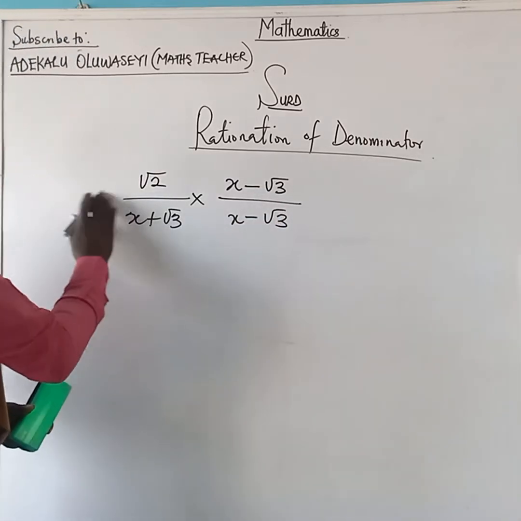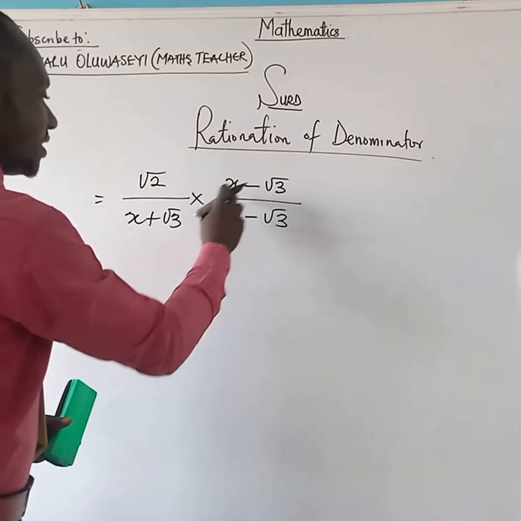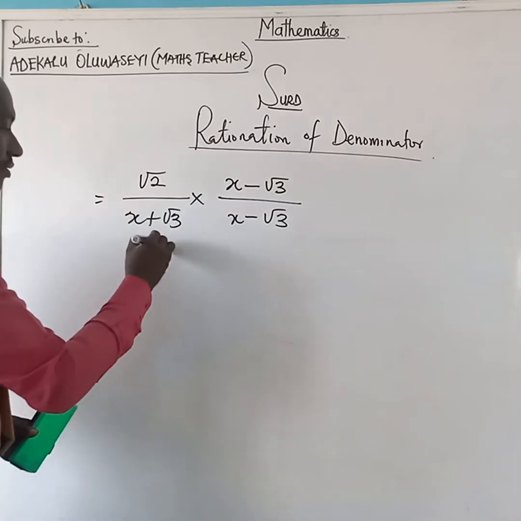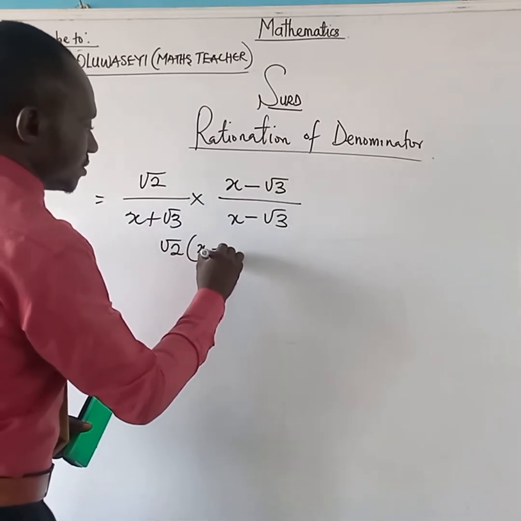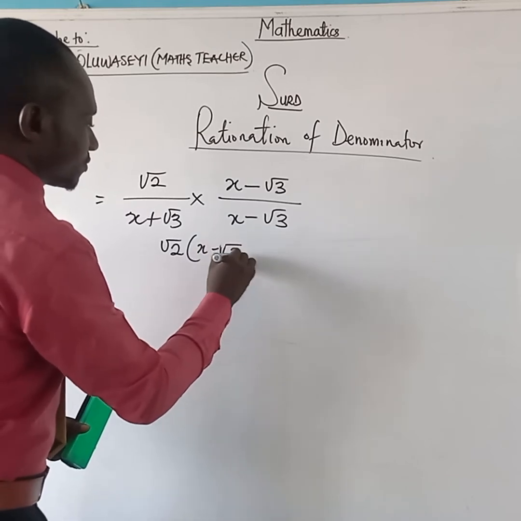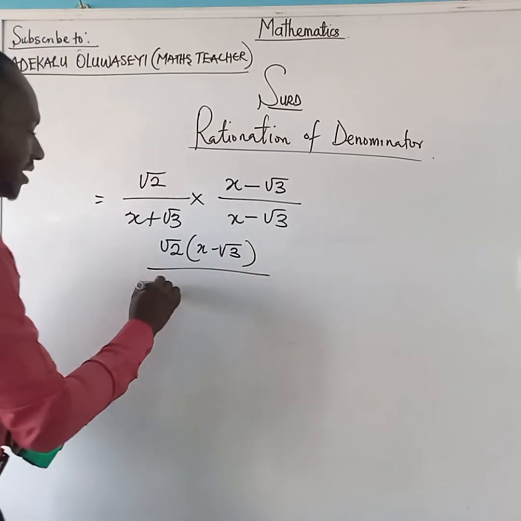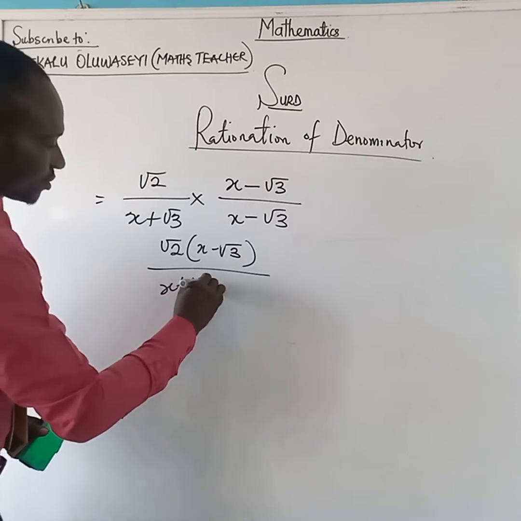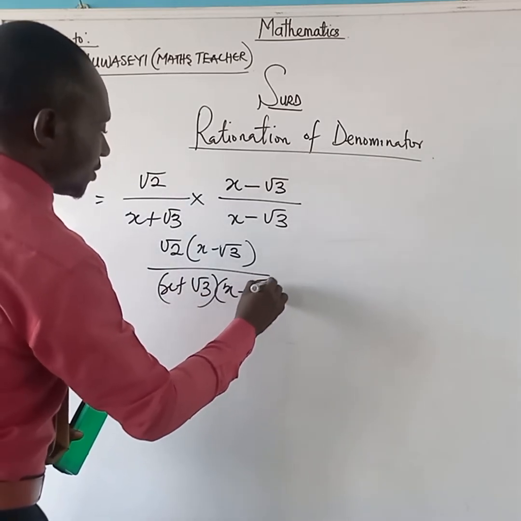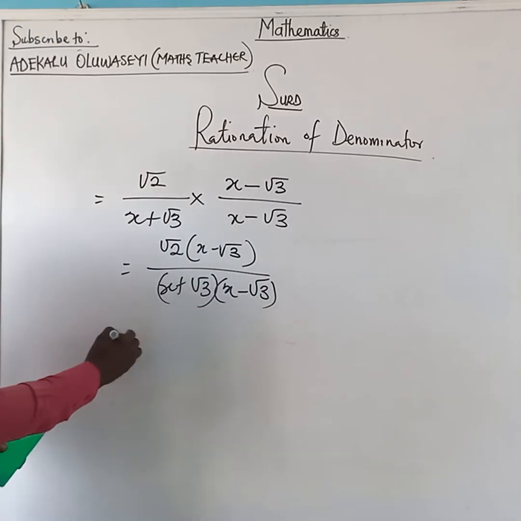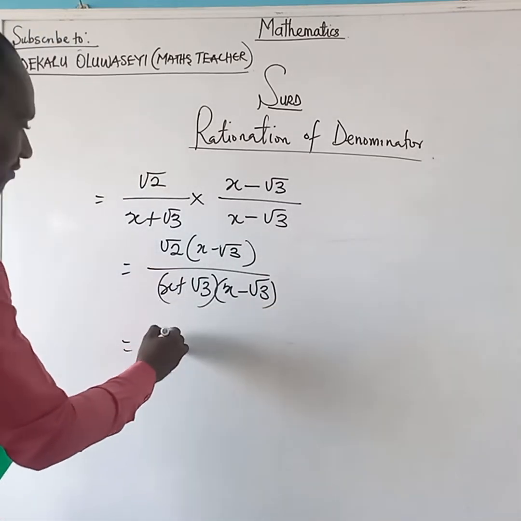By doing that, we multiply this with this and this with this. So we have square root of 2 in brackets x minus square root of 3 divided by x plus root 3, then x minus root 3. Then let's expand.